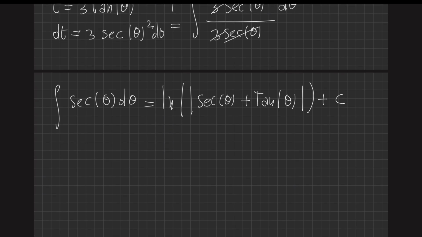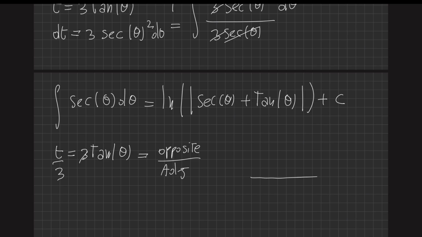So what do we do? We know that we made the substitution t equal to 3 times the tangent of theta. We can bring the 3 on the other side. And then we remember the TOA part of SOHCAHTOA, which means that the tangent is equal to the opposite side over the adjacent.